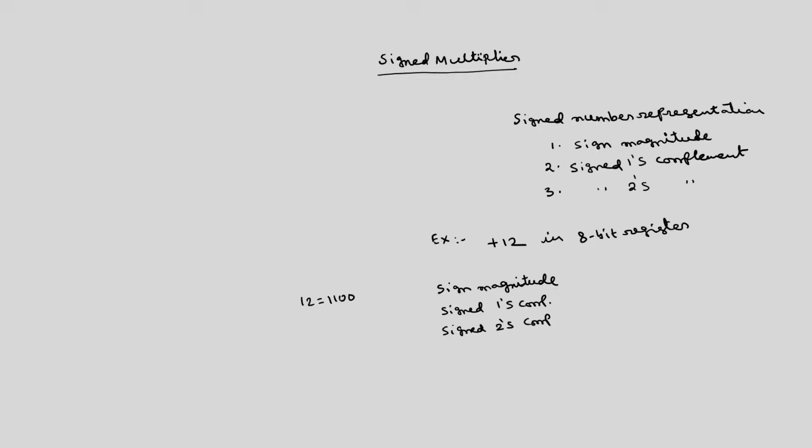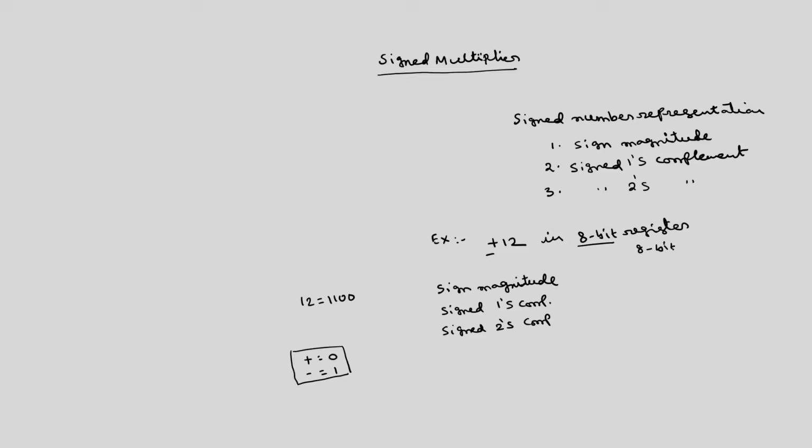In signed representation, plus will be represented by 0 and minus will be represented by 1, because the computer can understand only zeros and ones, it cannot understand plus and minus. So, we will represent plus with 0 and minus with 1. In signed magnitude, signed ones or signed twos, in total I have 8 bits, because I am going to store in an 8-bit register.